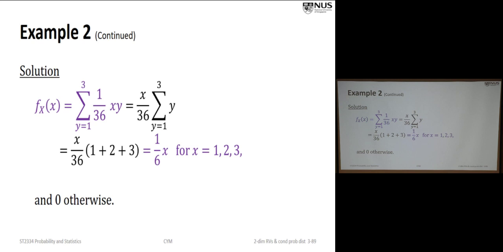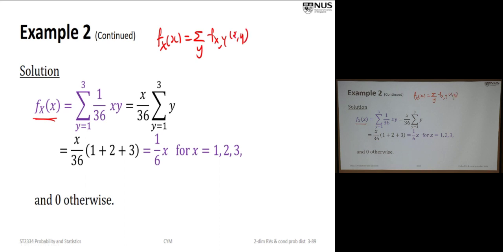In order to work this out, we need to know what f of x is. So I try f of x. For f of x, you just have to fix x and add up all the terms. If you recall, the marginal is equal to the sum over all the y's of f of xy.